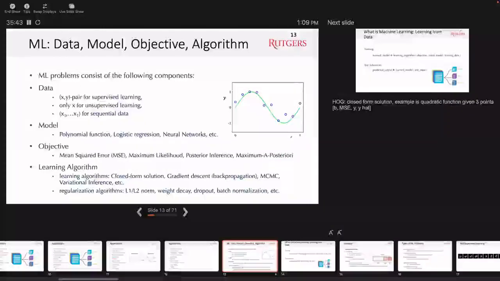You're talking about the objective function, regularization, and so on. Is there any specific way that all 4 of them need to be picked, or can you use anything with anything? This is also a good question. I think in most cases you can pick any one. For example, you can choose to use MSE, and then you can choose to get a closed form solution or use gradient descent.